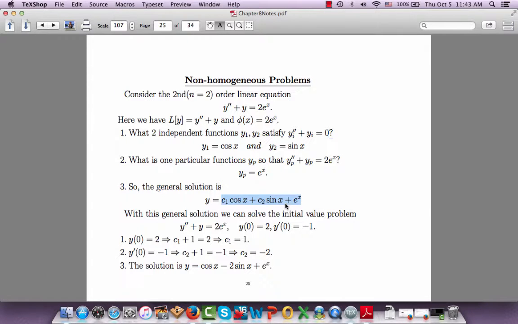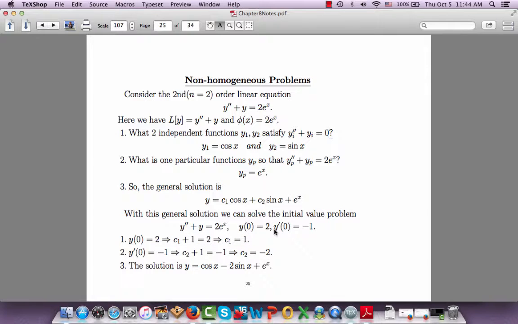At this point, if we're given initial conditions like we have here, we just take this function and plug them in. So if y of 0 equals 2, what does that mean? It means c1 cosine 0 plus c2 sine 0 plus e to the 0 has to equal 2. Well, that simplifies to c1 plus 1 equals 2, or c1 equals 1.